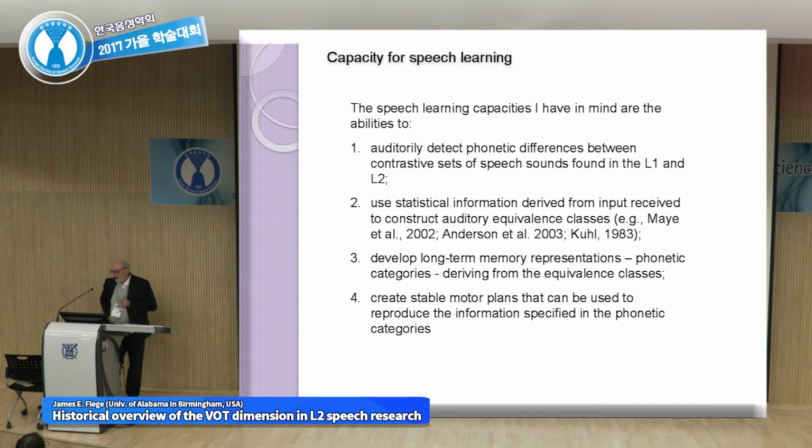Second, to use statistical information derived from input received to construct auditory equivalence classes. Third, to develop long-term memory representations, phonetic categories, deriving from the equivalence classes. And finally, to create motor plans that can be used to reproduce the information specified in the phonetic categories.